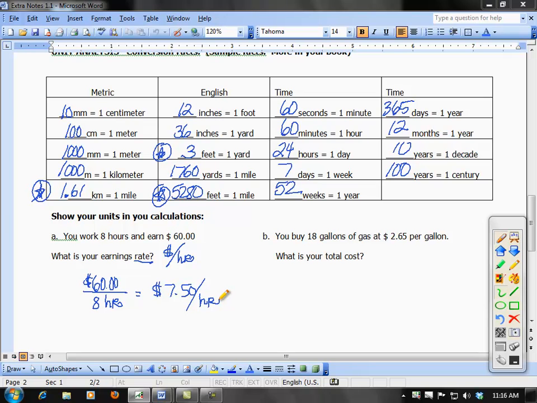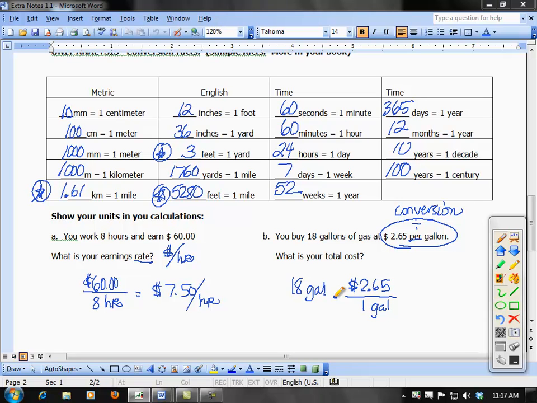Let's try B. You get 18 gallons of gas at $2.65 per gallon. This is a conversion. And so I want to walk through this a second. I know that I have 18 gallons of gas. Per means divide. So what they're telling me is I know that I have $2.65 for 1 gallon. Per gallon means for each 1 gallon. Now, I've written it this way because in conversions, we're going to multiply this together.